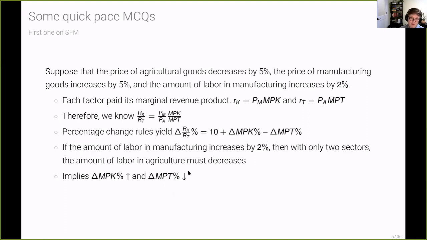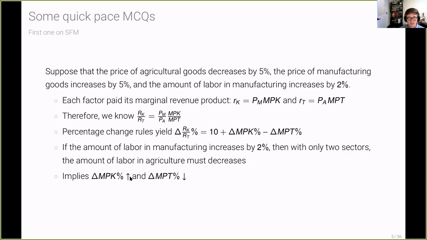And so as the amount of labor in agriculture decreases, the marginal product of land decreases. Likewise, as we have more workers for each capital unit, each capital unit becomes more productive because it has more workers who are able to make sure that piece of capital is running efficiently. And so we know that the marginal product of capital is going to increase.